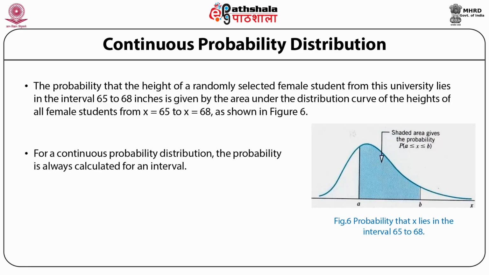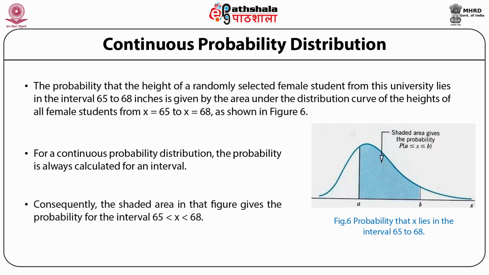For a continuous probability distribution, the probability is always calculated for an interval, remember. For example, in figure 6, the interval representing the shaded area is from 65 to 68. Consequently, the shaded area in that figure gives the probability for that interval.